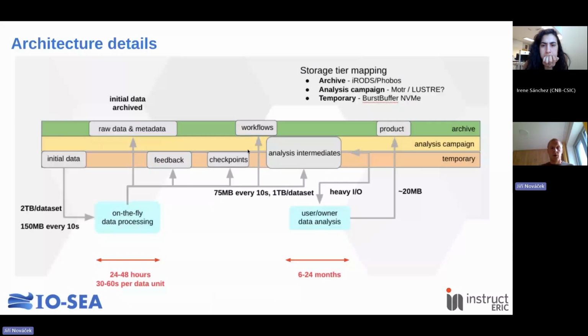So eventually, we aim to archive the initial raw data and the metadata, the workflows that are used for the data processing, and of course the results of the data processing.